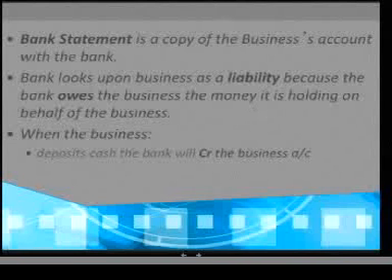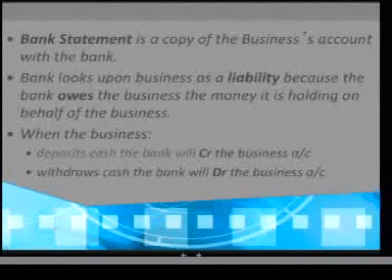When the business writes checks and those checks are cleared and the money is transferred out of the business's account, you, the banker, will debit that business's account because you are paying back that liability that is owed.